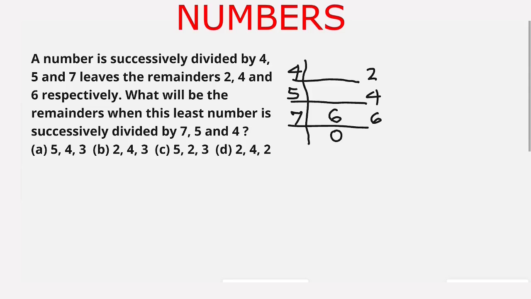This 6 is the dividend for 7, but it is the quotient for 5. So the quotient multiplied by divisor plus remainder is 5 times 6 is 30 plus remainder 4 is 34.